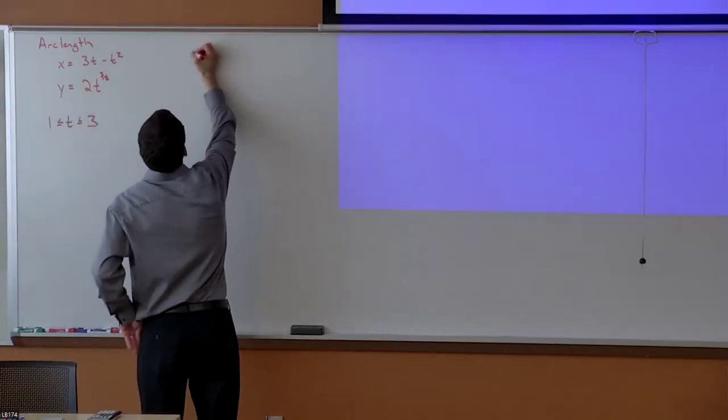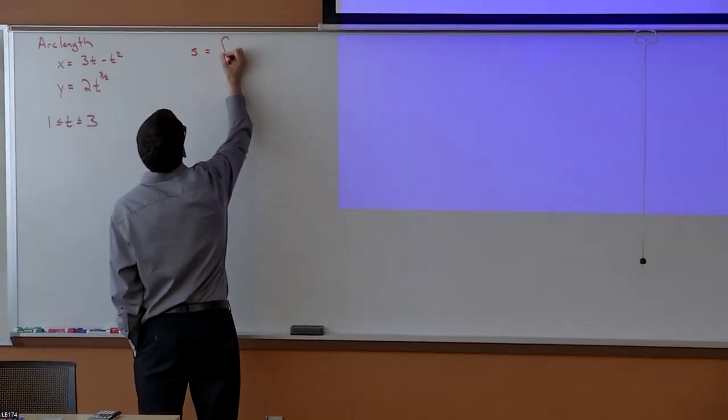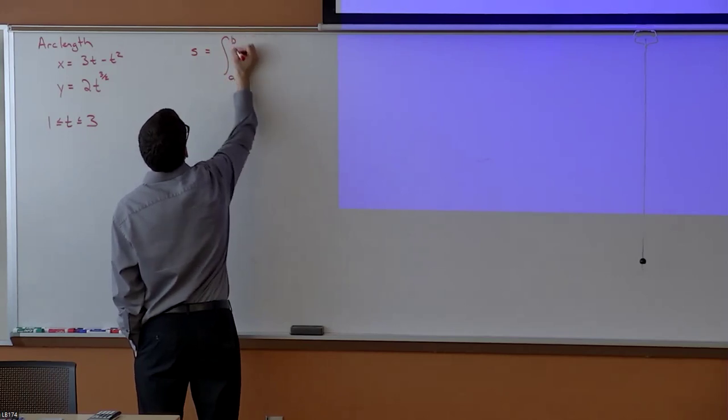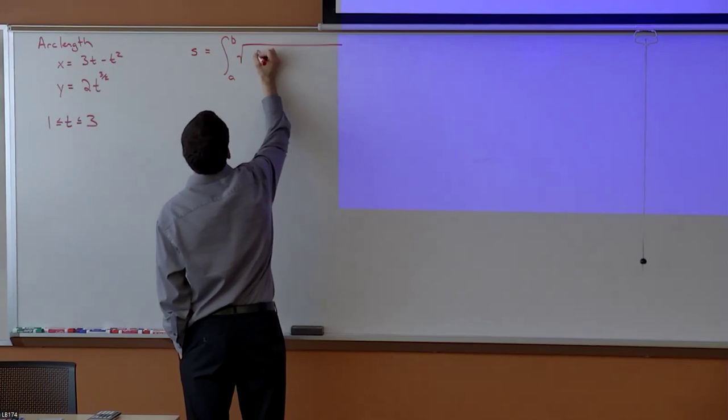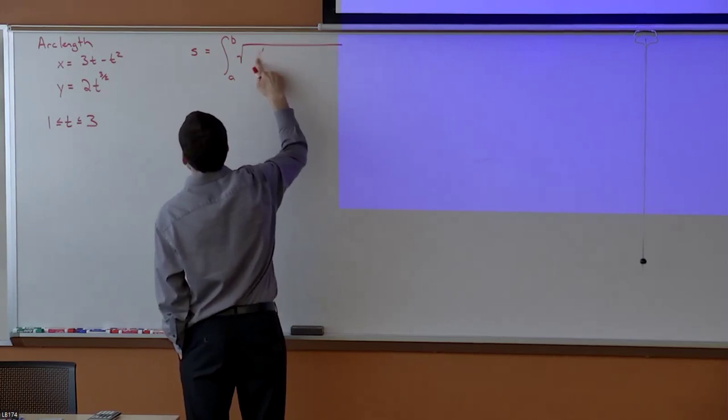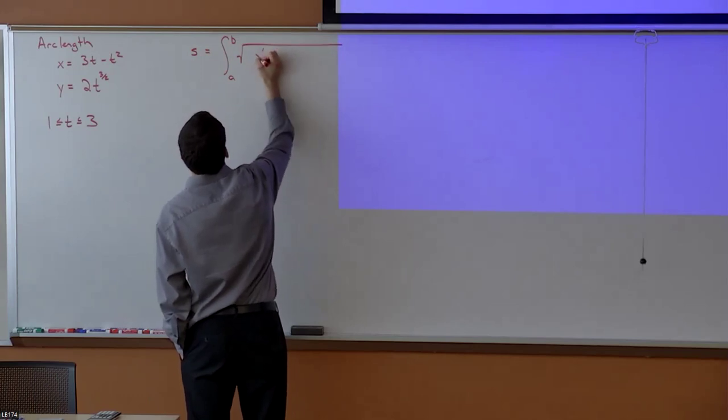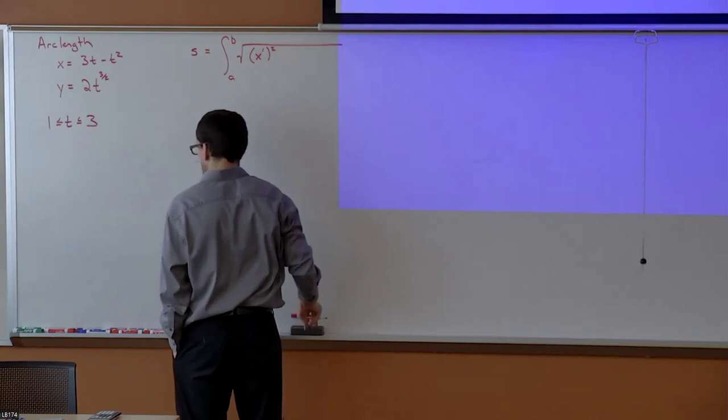So what you would do is you would turn to the formula. And I'm going to simplify this. I'm just going to go f prime. Some people will call this x prime squared.